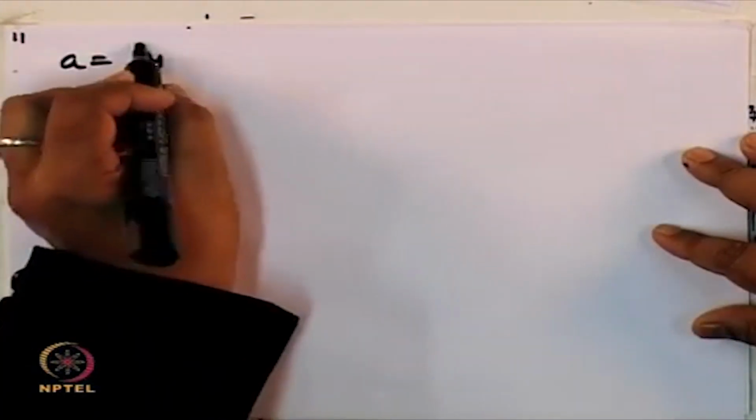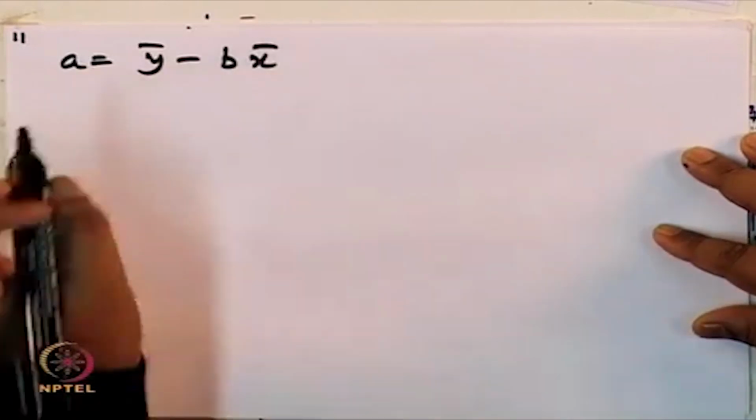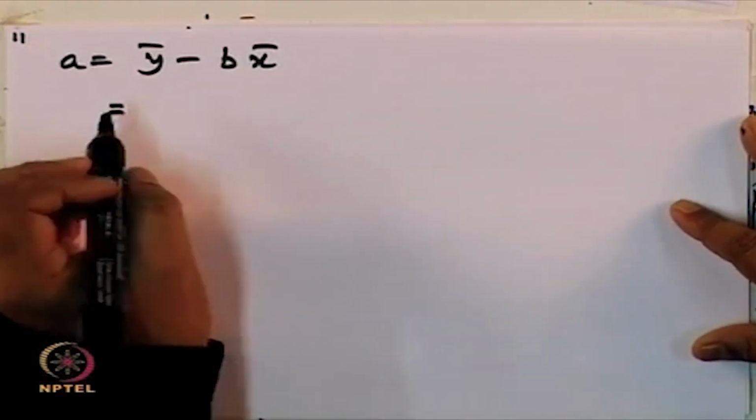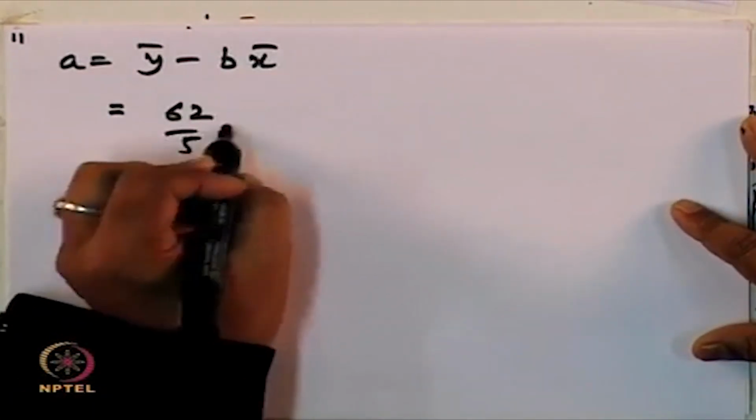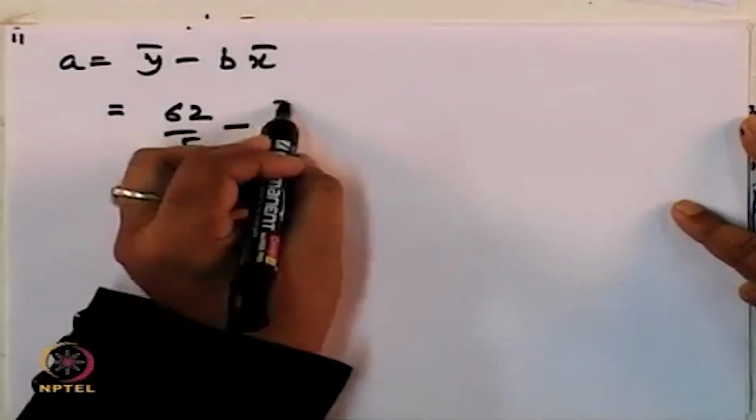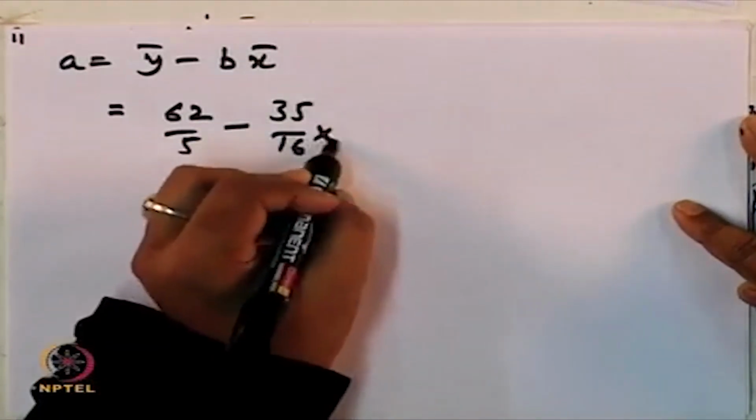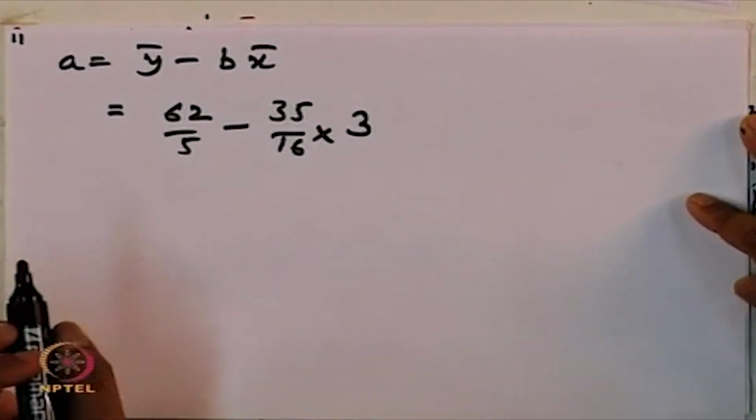And a comes out to be y bar minus b times x bar, which is 62 by 5 minus b, 35 by 16, into x bar, 3.